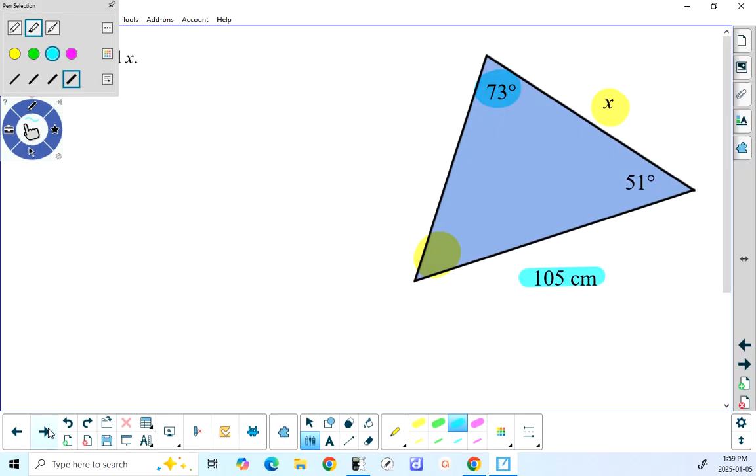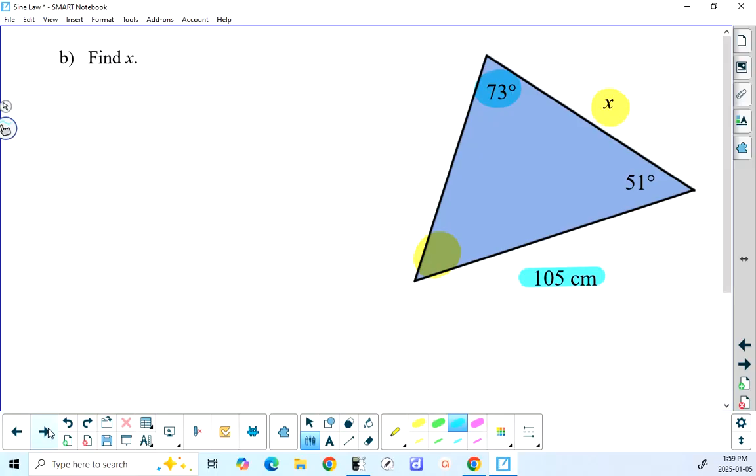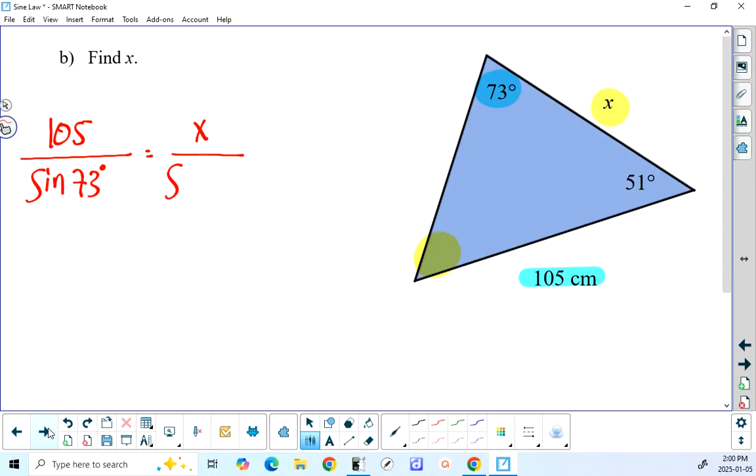So we know the 105 centimeters and the 73 degrees are a pair. We're going to end up doing that, so we can write 105 centimeters over the sine of 73 degrees is equal to x centimeters over the sine of this angle here.